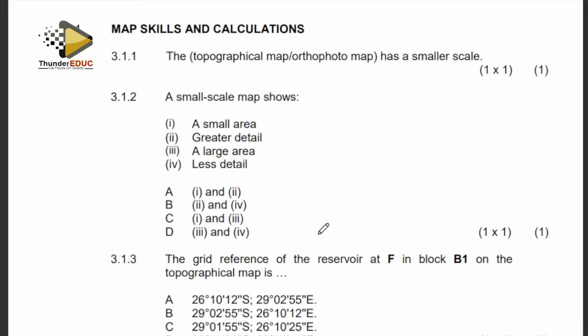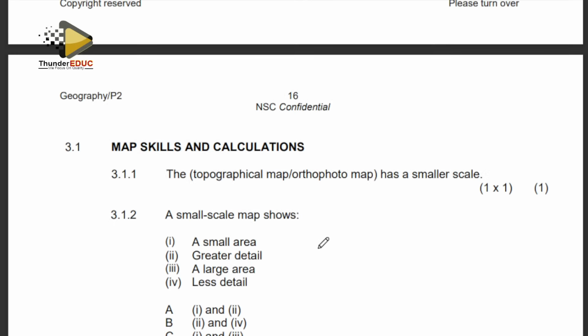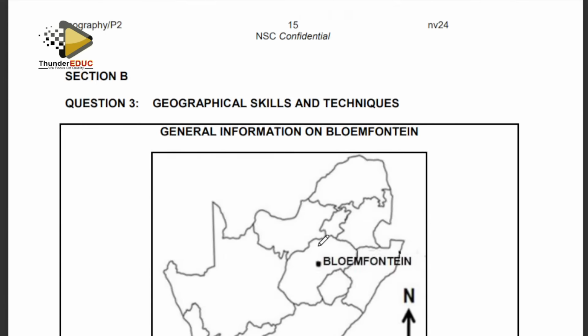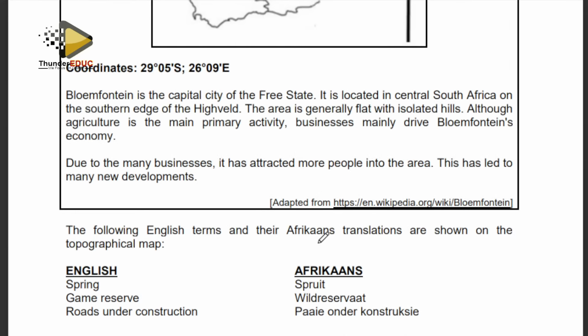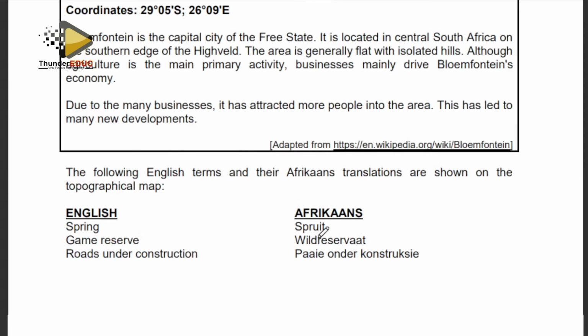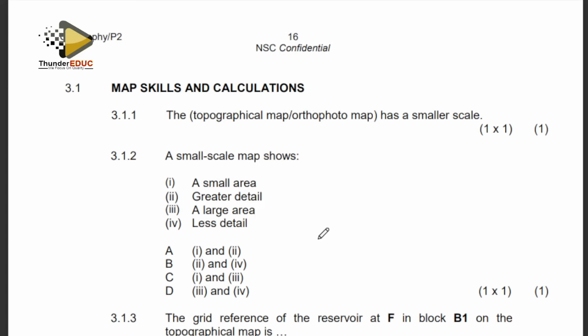Okay. Let us look at the questions. The first question says, the topographic map or orthophoto map has a smaller scale.